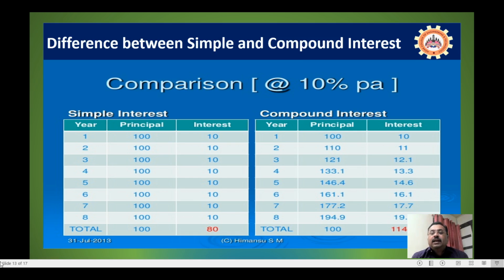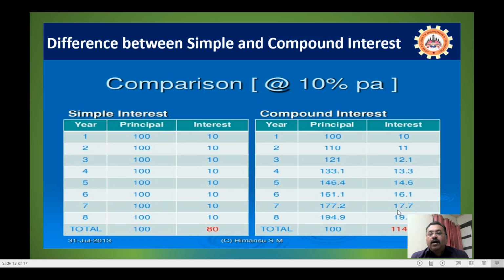Every year, if you calculate the interest period, for the first year it is 10 rupees. For the second year it will be added to the principal amount, 110 rupees, and the interest will be 11 rupees, that will be added to the principal amount. 121 will be the principal amount, and for that principal amount the interest earned will be 12.1 rupees, that is 12 rupees 10 paisa, that will be added to the principal amount.